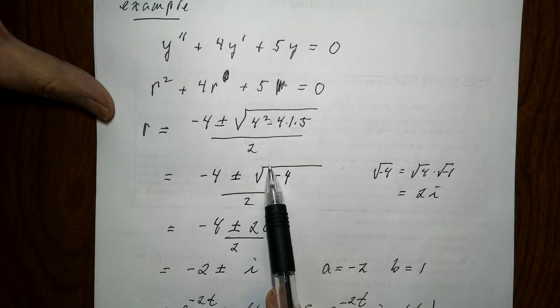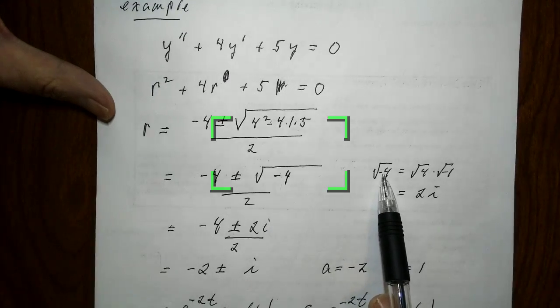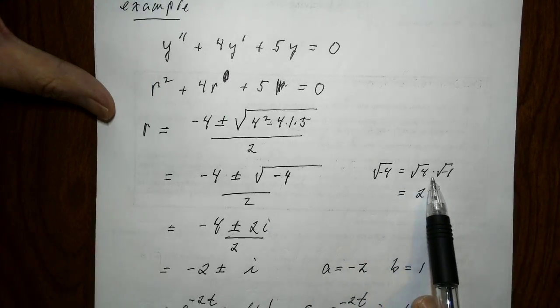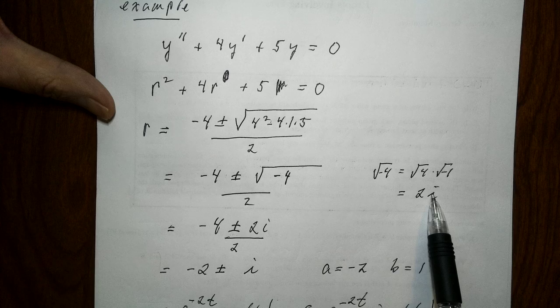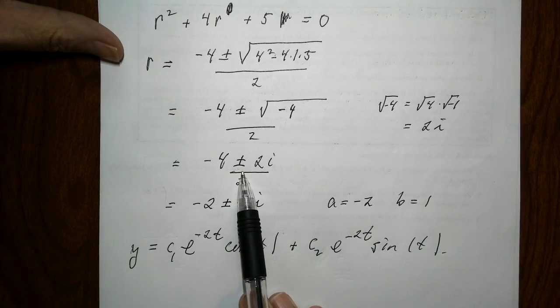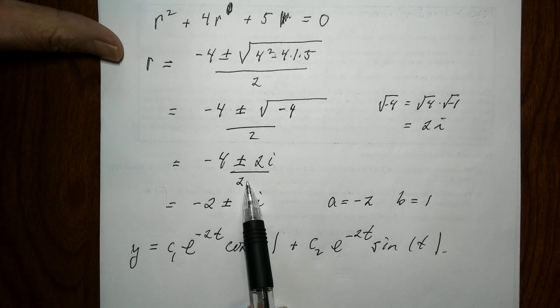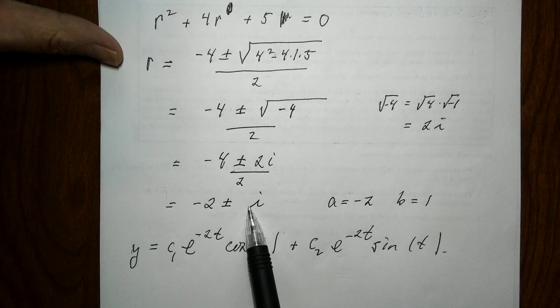Now the square root of minus 4 is going to be imaginary, so let's just go over here. The square root of minus 4 would be the square root of 4 times the square root of negative 1. The square root of 4 is 2, so this will be just 2i. So that means that r will be minus 4 plus or minus 2i over 2, and we can factor the 2's out of the numerator and cancel, so we get minus 2 plus or minus i.